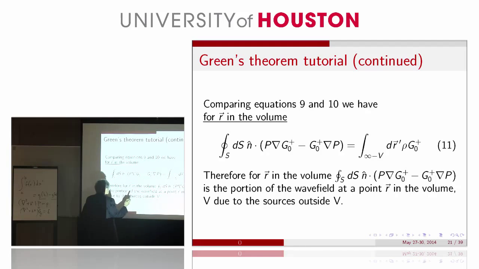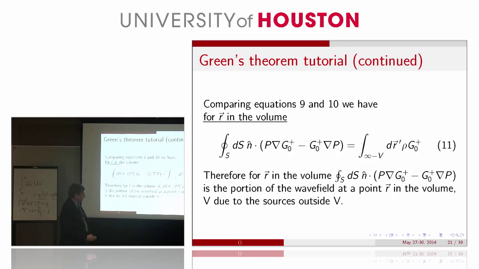The field is the field due to everything in the world that influences the field. And it says in this combination, in this sum, evaluated for a point R in the volume, you get the contribution to the total field at a point R in the volume due to sources outside. So that's the way Morse and Feshbach talk.